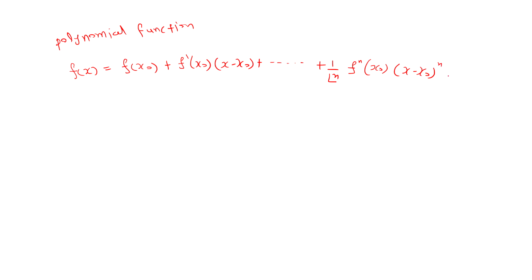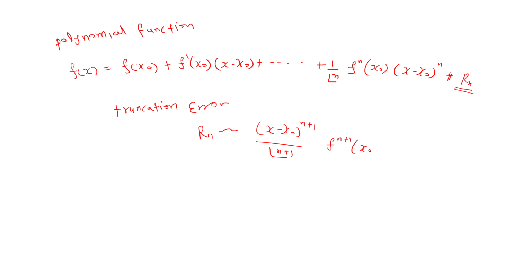Then those terms which are coming after this will be called Rn. That is the truncation error. What is the order of Rn? The order of Rn is x minus x naught to the power n plus 1 upon factorial n plus 1, times the n plus 1th derivative of this function at point x naught.